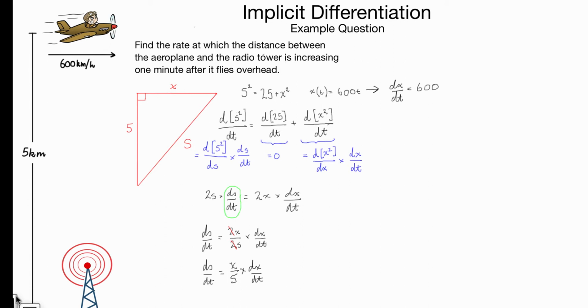So finally, I'll just give myself some room. I'll move over here. We're looking for ds dt when t is after 1 minute. So as t is in hours, t is going to be 1 over 60, and x after 1 minute: if it goes 600 kilometers in an hour, it's going to go 10 kilometers in a minute.